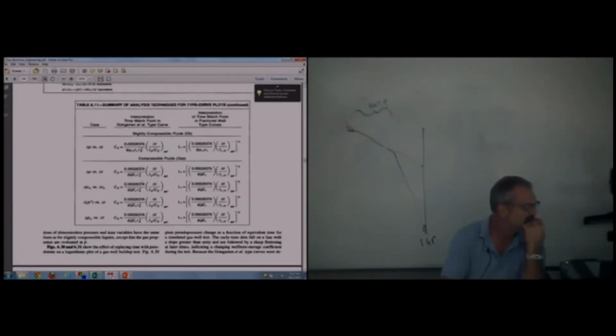That's for linear flow. Okay, so that's my label heading, okay?